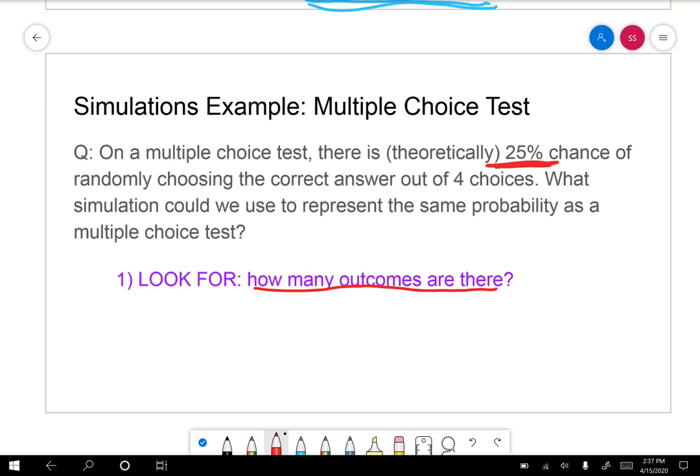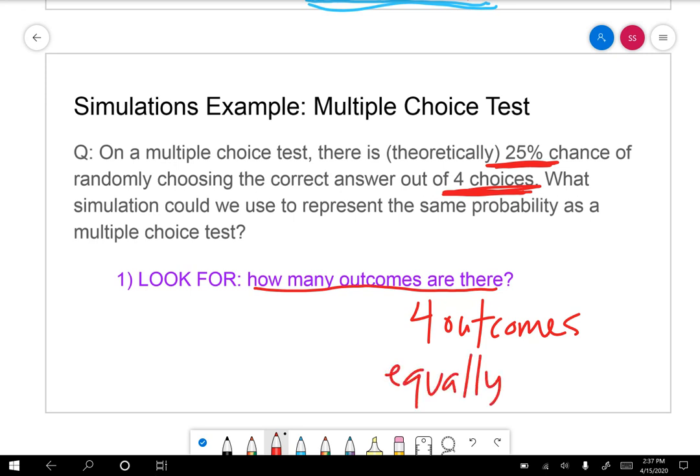So we want something that has 25% chance of randomly choosing something. It also says 4 choices, right? So 4 choices, 25% each, right? So here we want something with 4 outcomes. 4 outcomes equally likely. So 25% each, right?